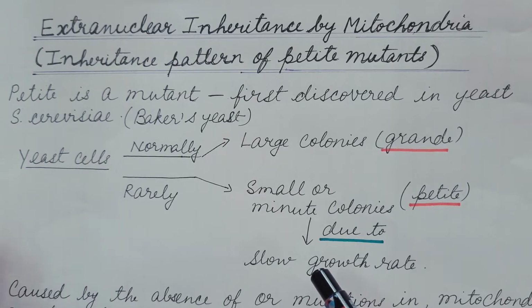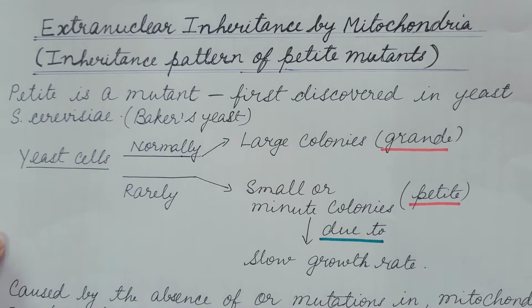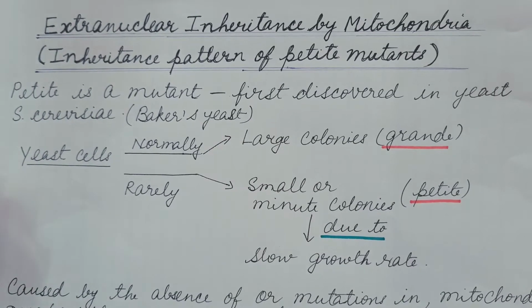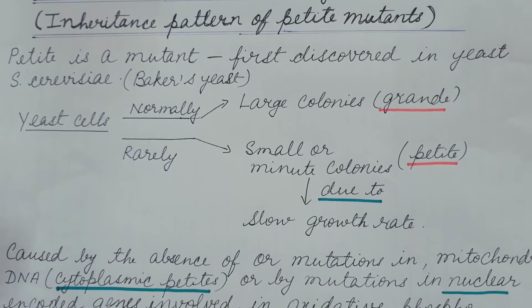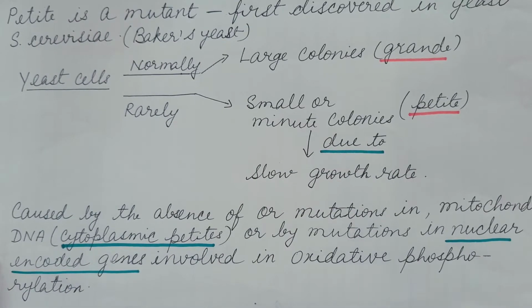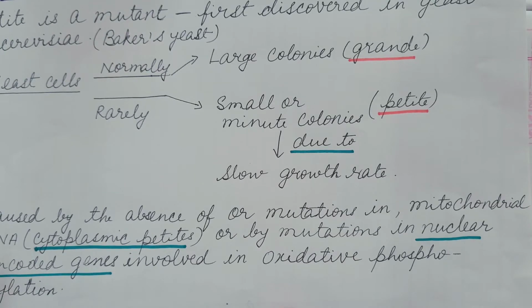And why do these have a slow growth rate? Because these cells consist of mitochondria which have defective electron transport protein. And how does the mitochondria have defective electron transport protein? This is caused by mutations in mitochondrial DNA.